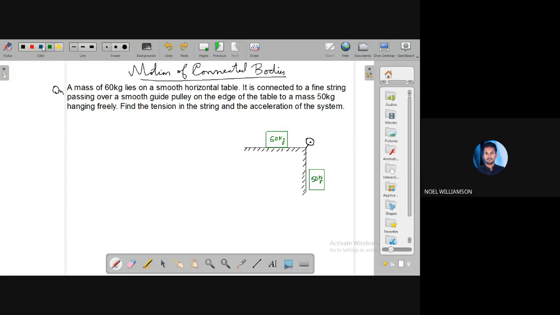So let this be a string. The string will pass through here and will be connected to this. So this is the system. So find the tension in the string and the acceleration of the system.